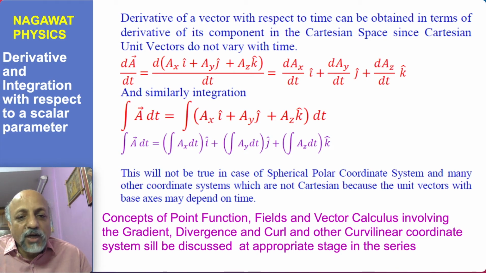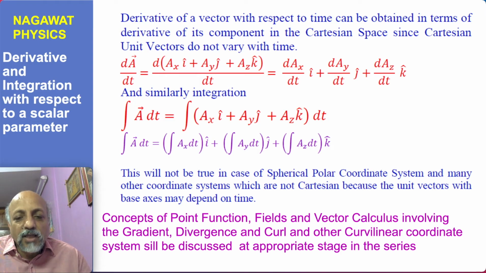I wish to point out that I am not using at this stage several concepts which will be introduced later on, like the concept of point function, fields, scalar fields and vector fields, and vector calculus, where we will discuss the gradient of a scalar field, divergence and curl of a vector field, and other curvilinear coordinate systems.